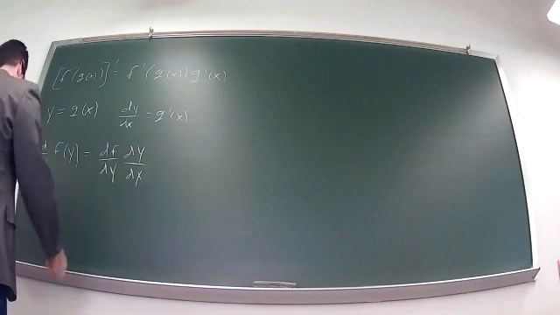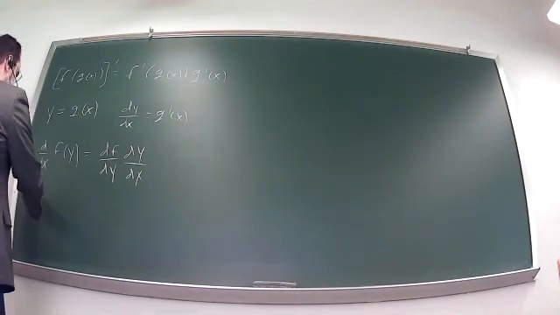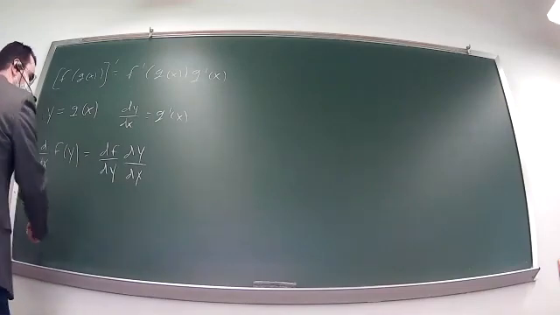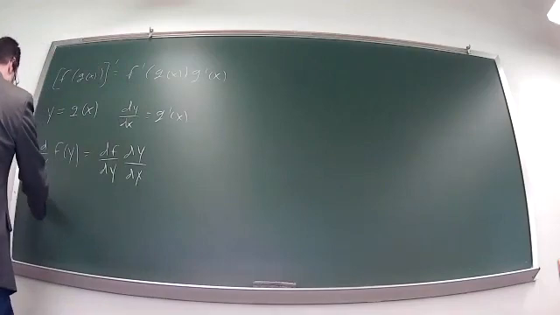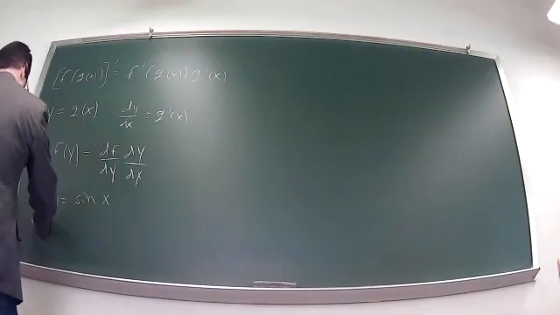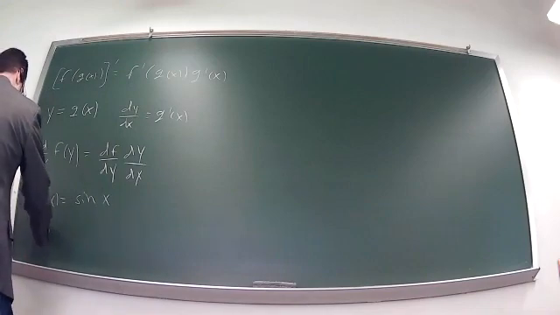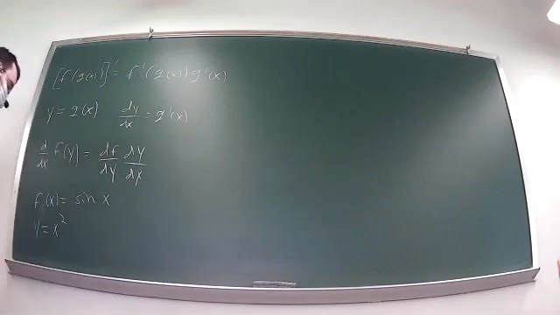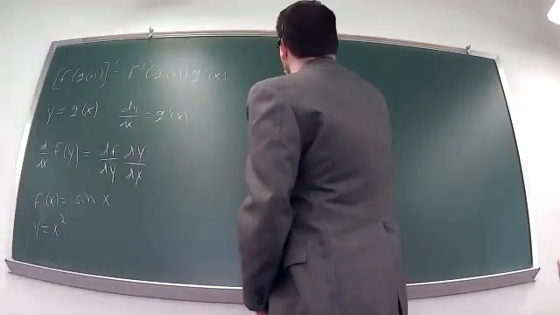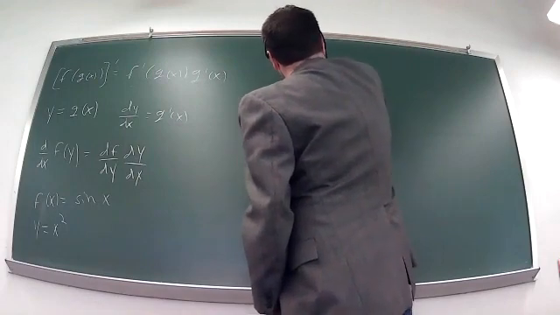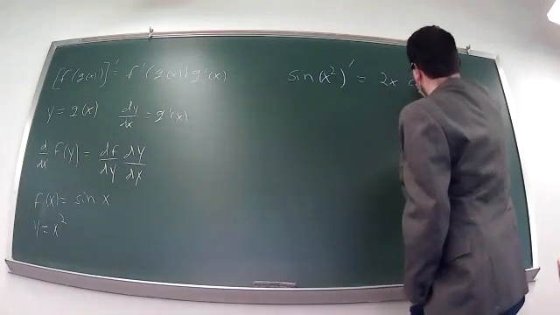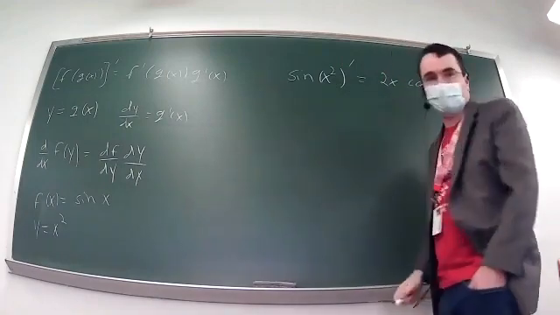And if you use, let's say, f of x equals sine of x, and let's take y equal to x squared, then you would know that the derivative of sine of x squared is equal to 2x times cosine of x squared.